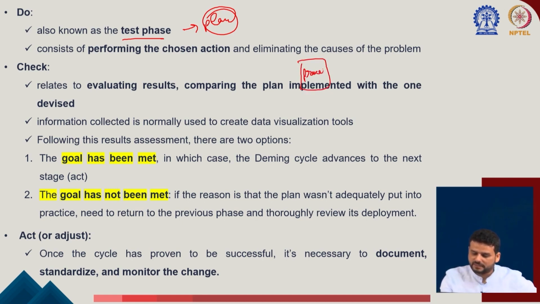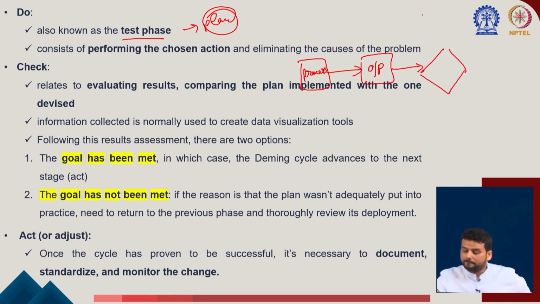This is the process we are doing, right. This process has a certain output. Now, this output I need to compare with some standards which we have already set up, right. So, I will compare this actual output with the standards, whatever standards we have set.